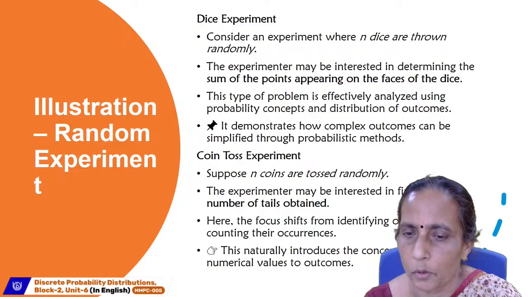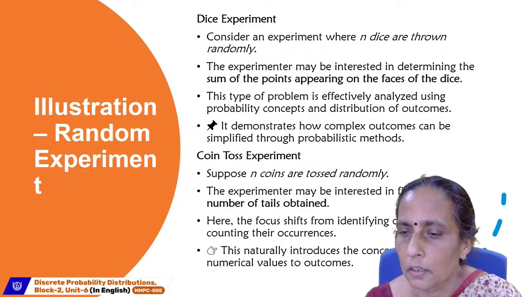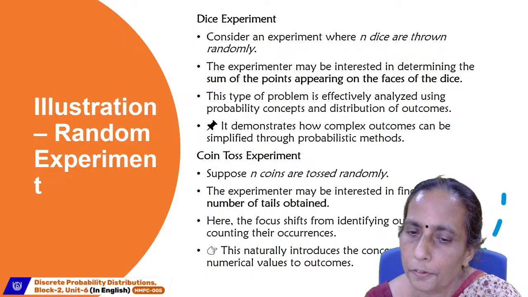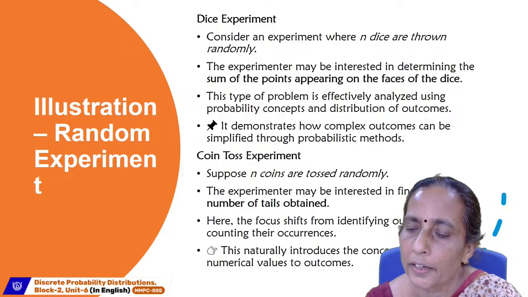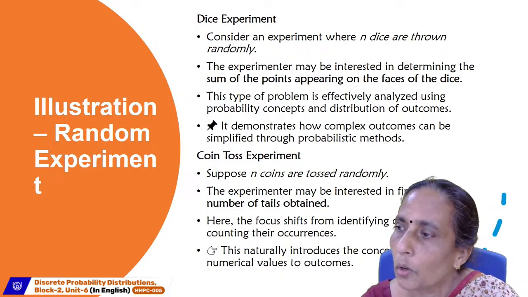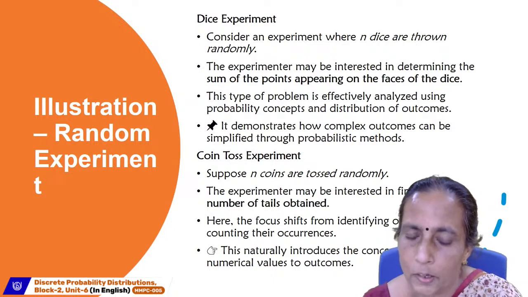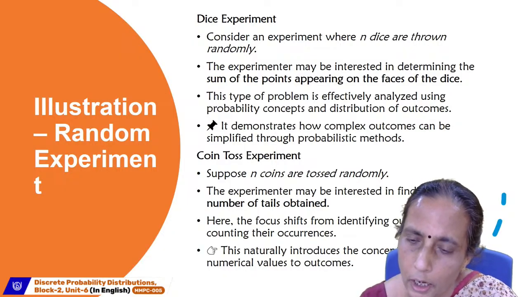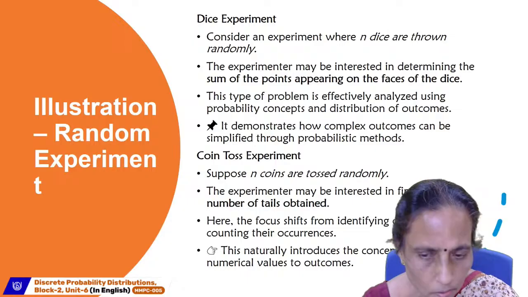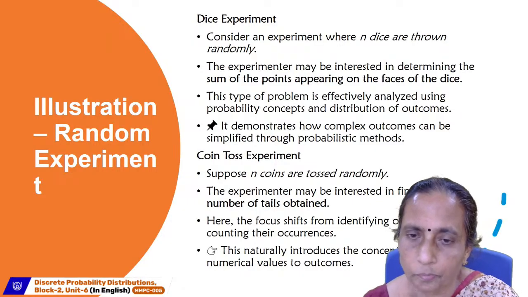At any point of time, the experimenter may be interested in finding the number of tails obtained. So here the focus shifts from identifying outcomes to counting occurrences. This naturally introduces the concept of assigning numeric values to outcomes.